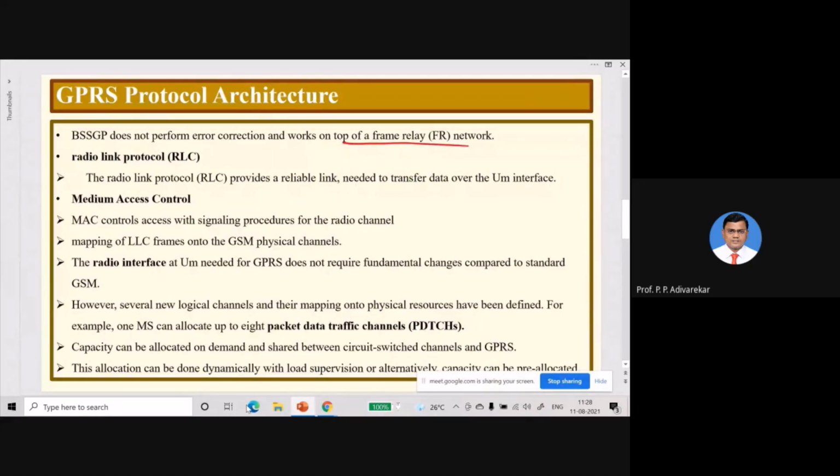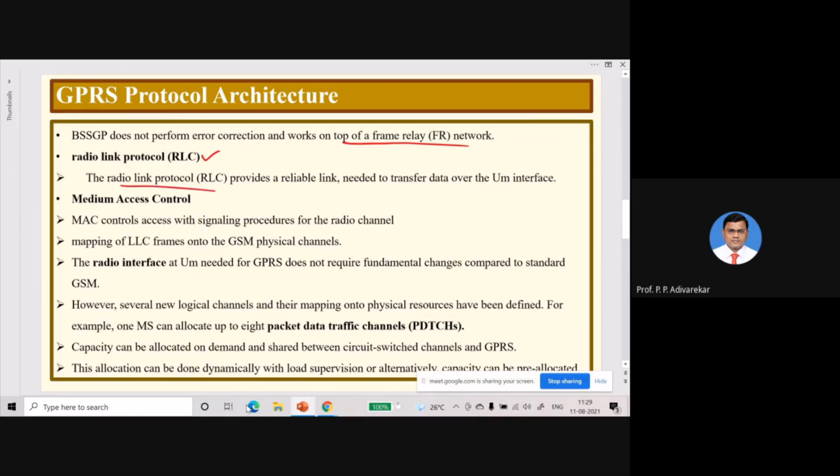Okay, so when we move from BSSGP towards the BSS, the actual wireless interface at the BSS, towards the mobile station, involves RLC. We know that LLC is responsible for the wired network and RLC is responsible for the wireless network, that is the radio link protocol.